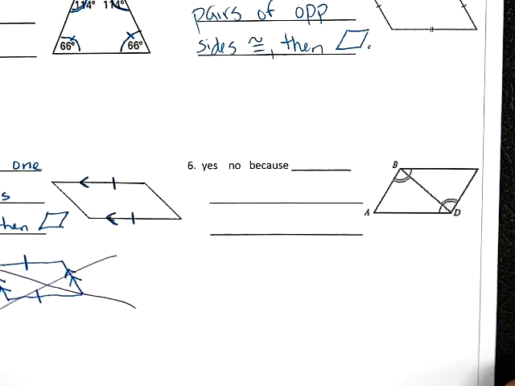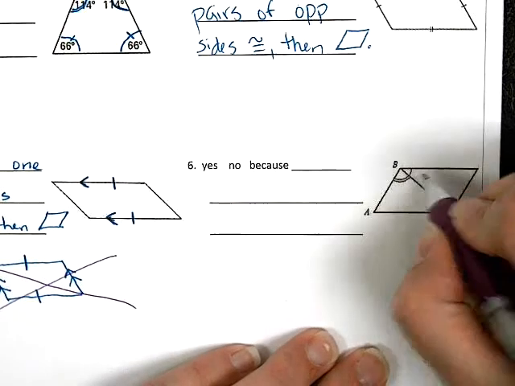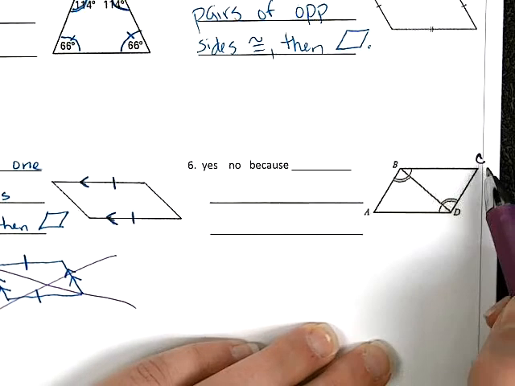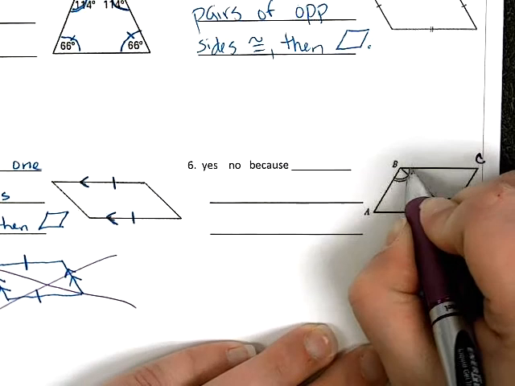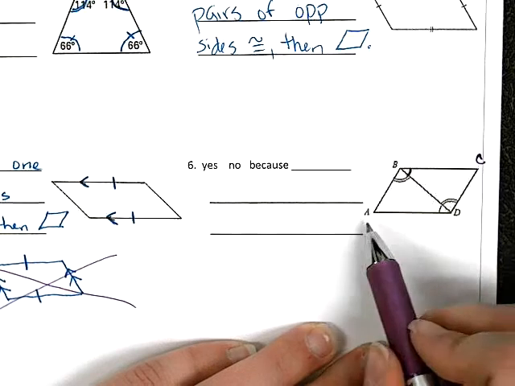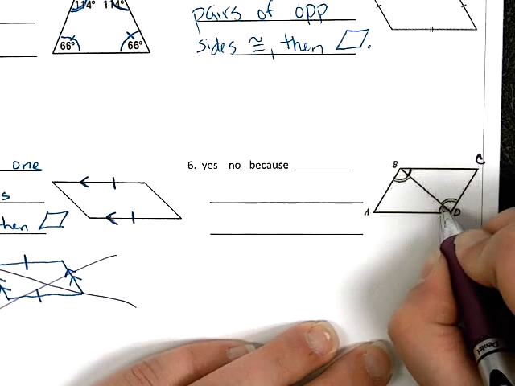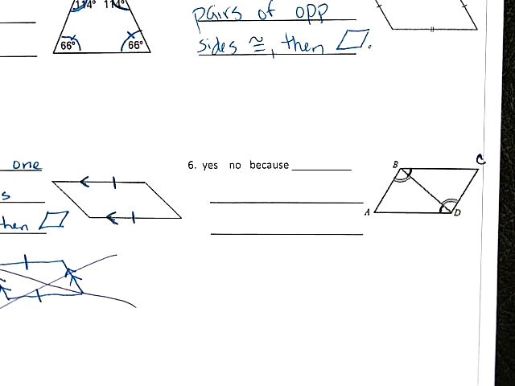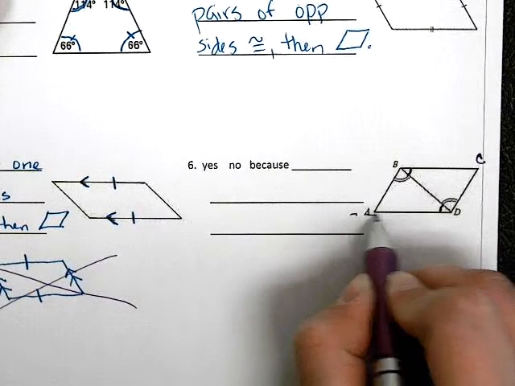And last but not least, question number 6. This one is a little bit harder to see, so you got to bear with me for a second. But if we look, we've got, ooh, this should have a C on it. Angle CBD has one arc mark, and angle ADB also has one arc mark. So when we take a look at those two angles being congruent, it's a little weird, but you got to think back to chapter 3.